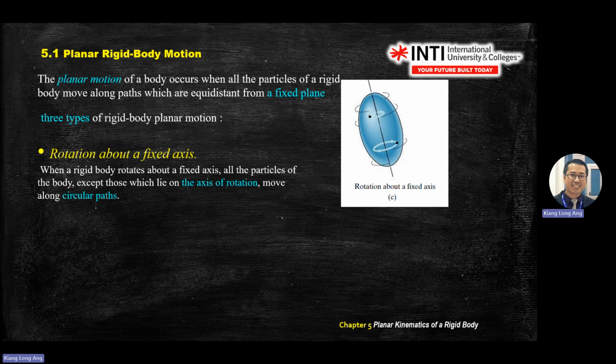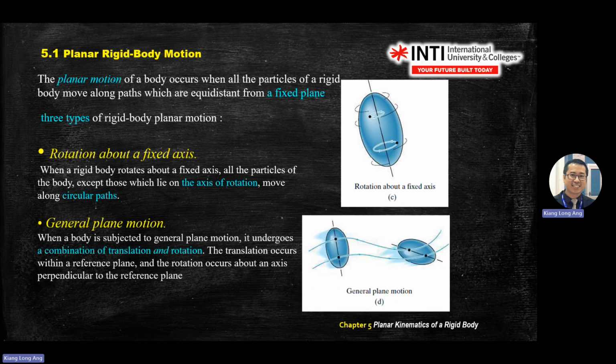Another one: a rigid body can rotate. For rotation, there must be an axis for it to rotate about. So we have translation, rotation, and another one called general plane motion. General plane motion is a combination of translation and rotation combined together, as you can see in the diagram here.